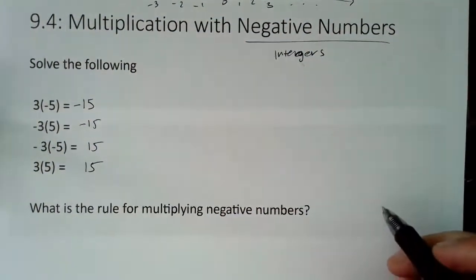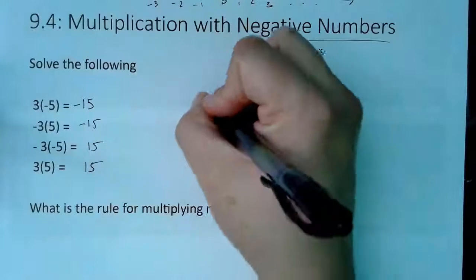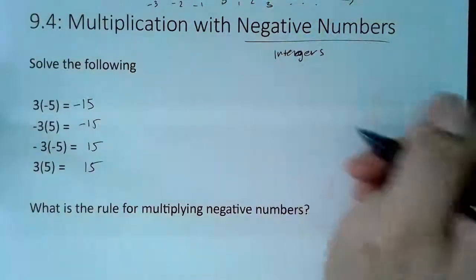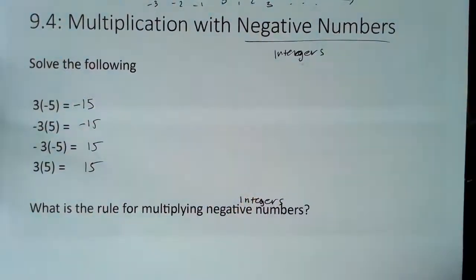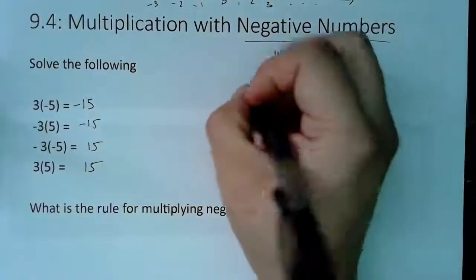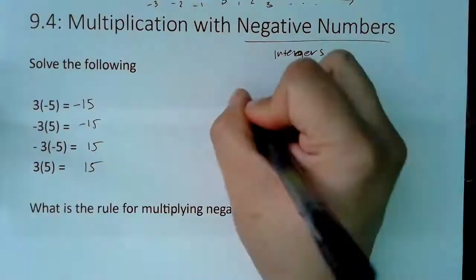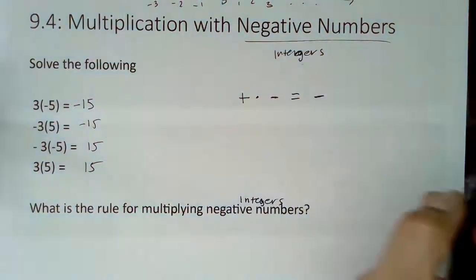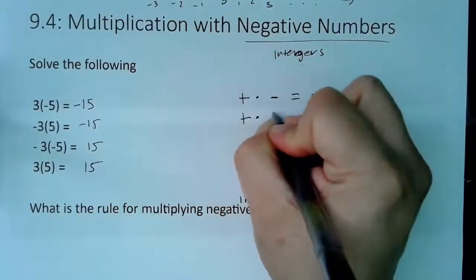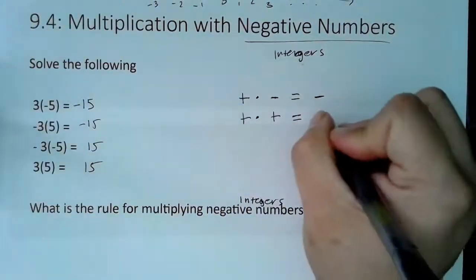So what is the rule, right? For multiplying integers, we can use the word integers, that's actually better. If you have a positive number times a negative number, your answer will be negative. If you have a positive number times a positive number, your answer is positive.